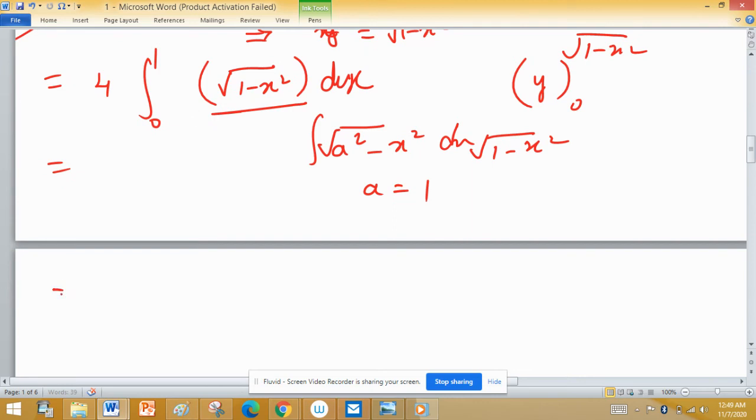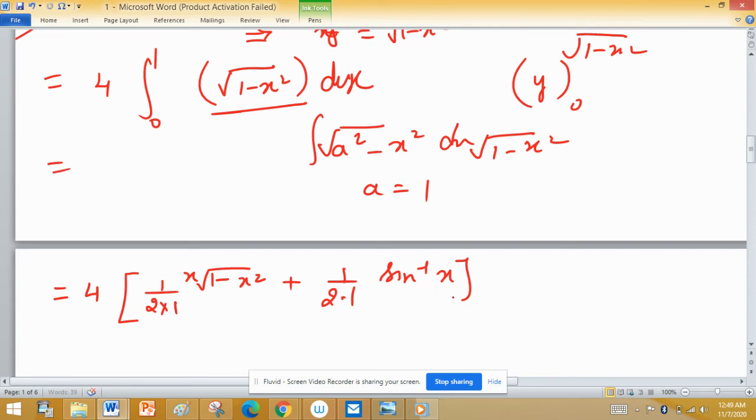So it will be 4 times [1 upon 2 into x times square root of 1 minus x square plus 1 upon 2 into 1 sine inverse x], and limits are from 0 to 1.